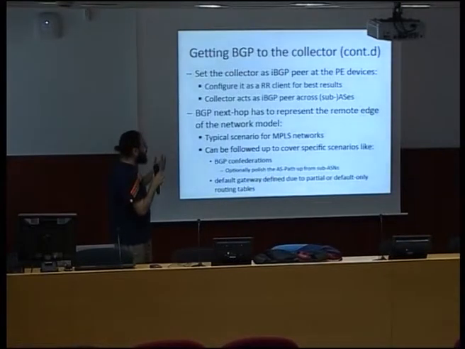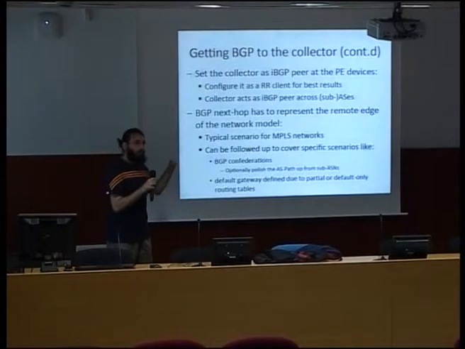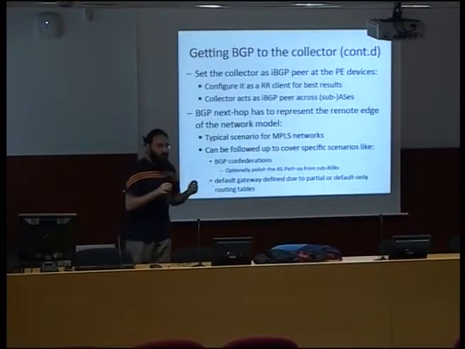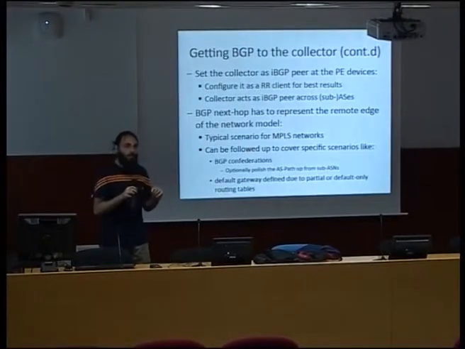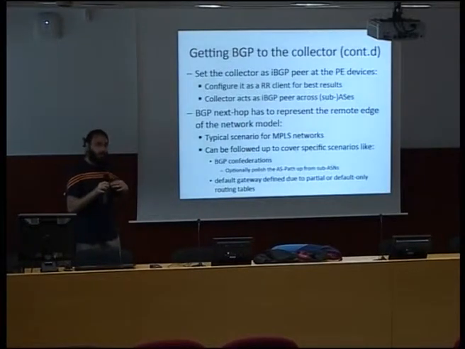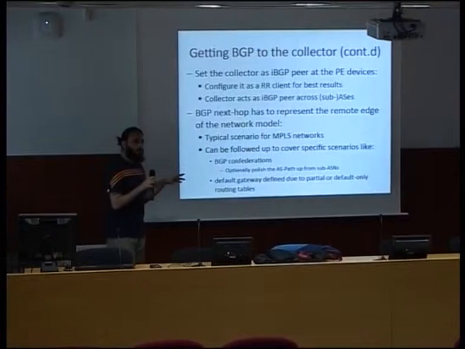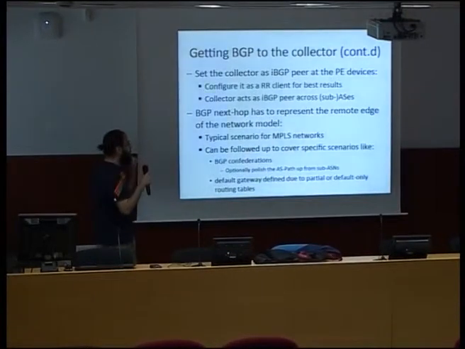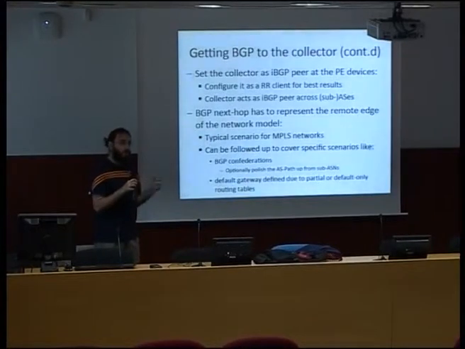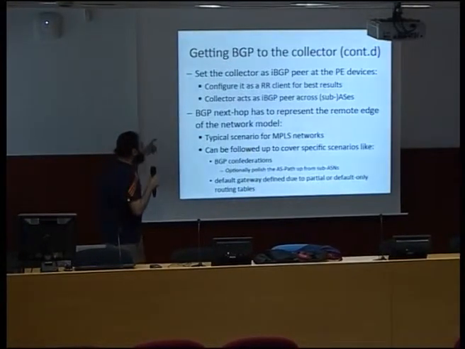You should configure it as iBGP, the internal BGP session, and as a route reflector client, so that you have all the routes. Also the other internal BGP routes are reflected regardless. There is no evaluation of whether I should or should not reflect the route. You always do that.